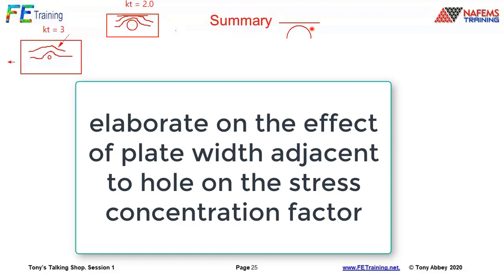Now, the kicker is that the nominal stress, which is our load divided by the net section, is going up all the time. So although I have a stress concentration factor here, and again I'm just guessing numbers, let's say it drops right down to say 1.2, it's 1.2 times a very big nominal stress versus 3 times a much smaller nominal stress.